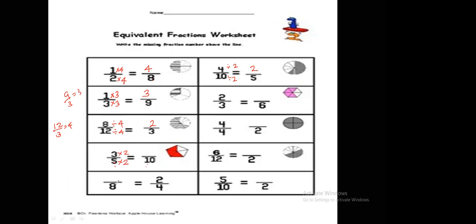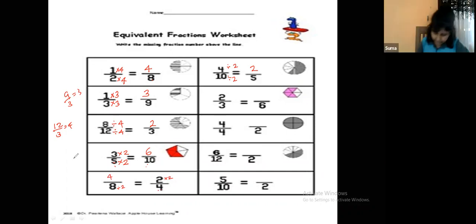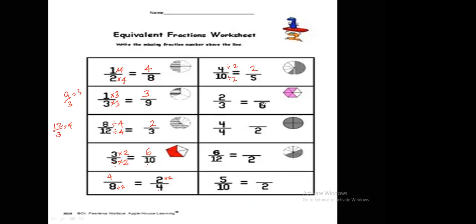6 over 10. You can see here, this is 4, this is 8. To obtain 4, you have to divide this by 2, then 4, and this number also we have to divide by 2, 4. 4 over 8. All of you can understand? Yes, teacher. Now look at this is 6. This is 3. This has to multiply by 2. 2 times 3, 6.